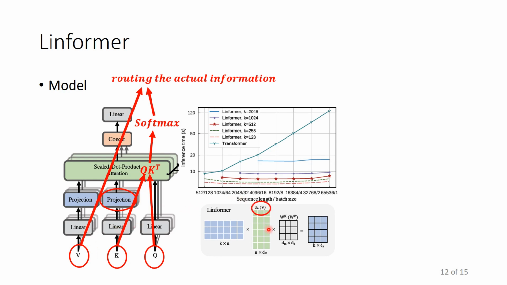As you can see here, we have a matrix which is n by d, so we use a projection matrix which is k by n, not n by n anymore. We use this projection matrix to project the keys, because we want to reduce the rank from n squared to kn.